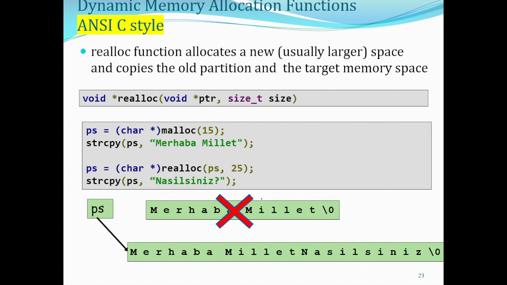If there is a space, we are extending that space, and then we don't need to copy or remove anything. If there is no space after this chunk, we are basically generating another chunk and then copying everything from the old part.